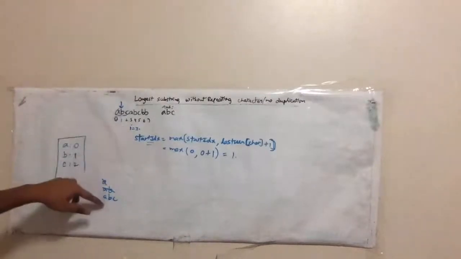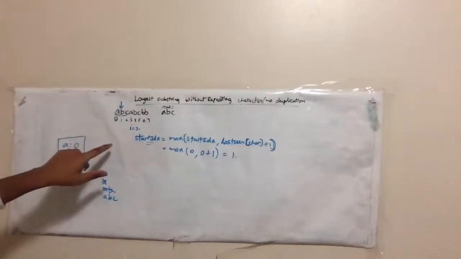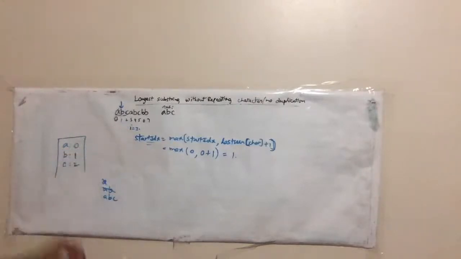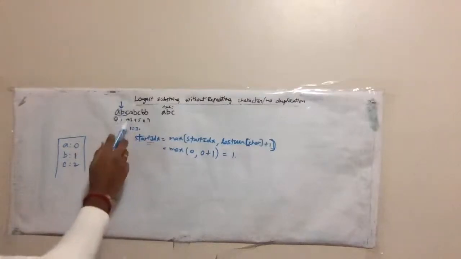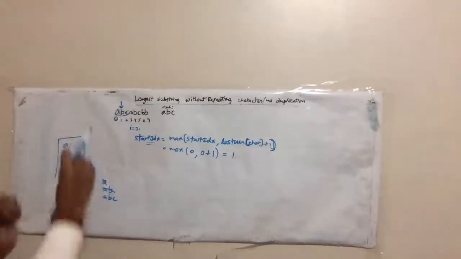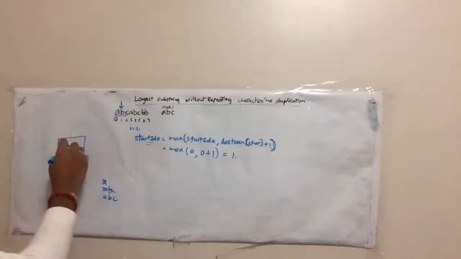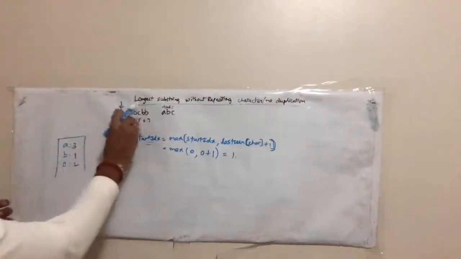Okay, this is less. So I is equal to 3 now, and we need to update the new index of the character here as 3 instead of 0. Okay, so we have updated that and go further.